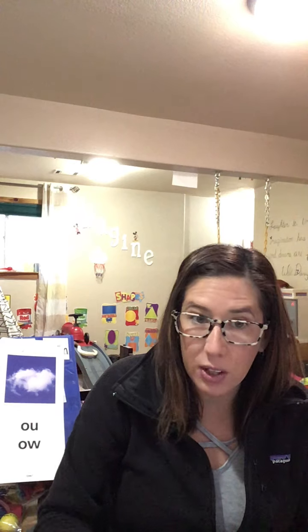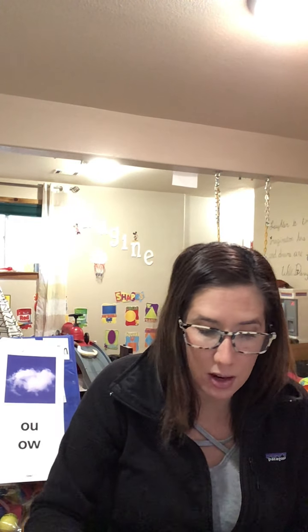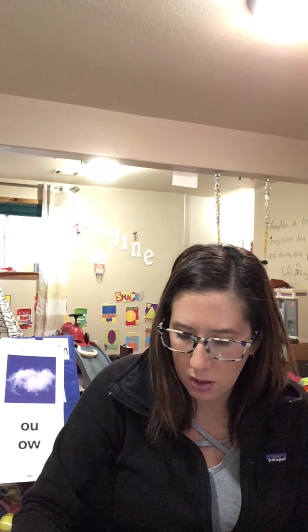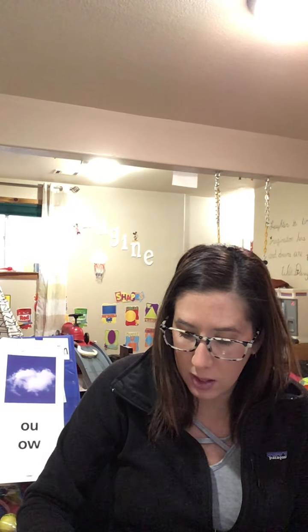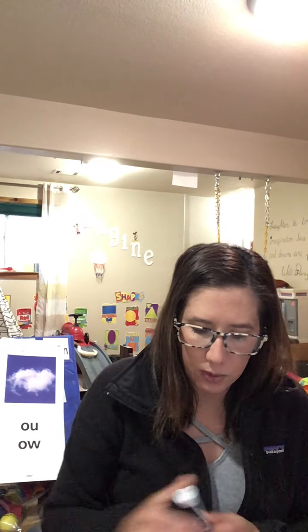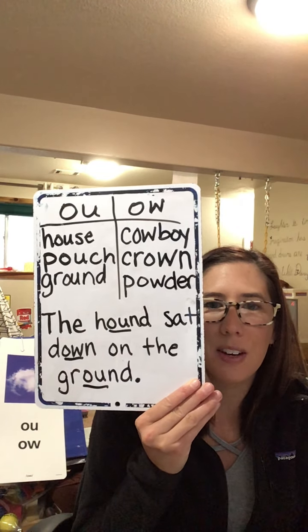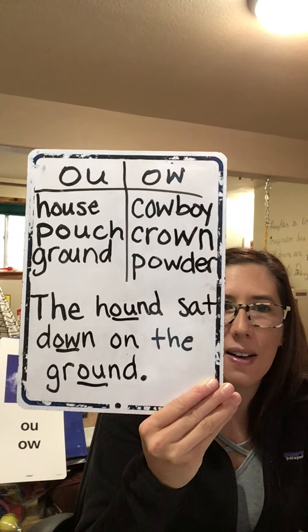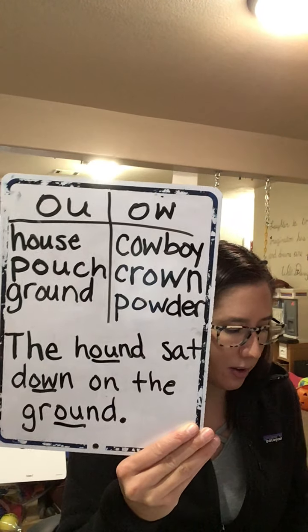What sound comes after the ow? An N. Down. On the ground. Ending blend next to that ow sound. The hound sat down on the ground.